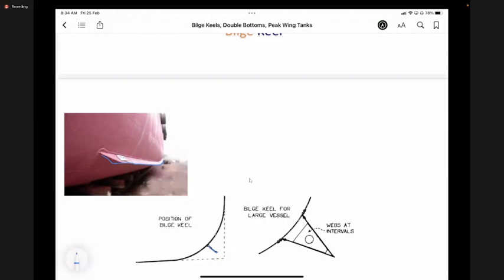Anyone? Take a guess. No idea, sir. This white one? It looks like a cookie.